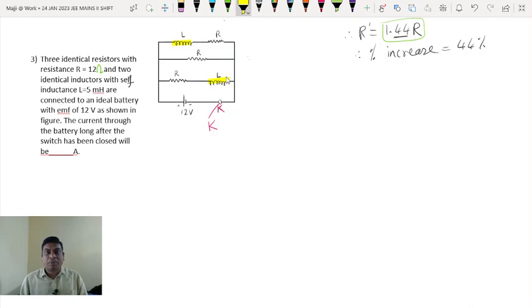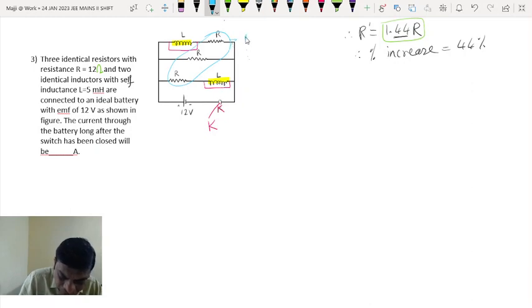Inductors have a special property that they offer practically zero resistance to the circuit. So basically what we can do is simply short circuit the inductors. So when we short circuit the inductors, you'll observe that all the three resistors are in parallel. So the equivalent resistance will be R by 3.